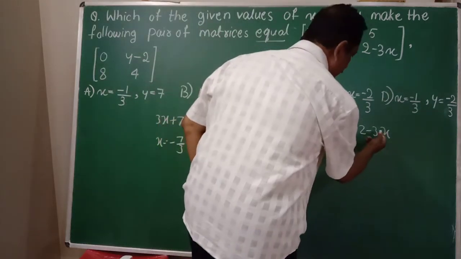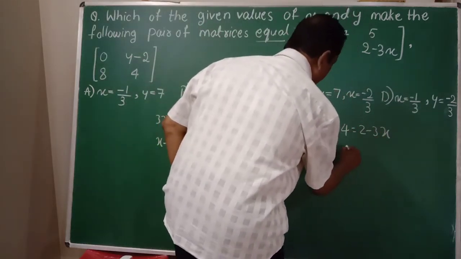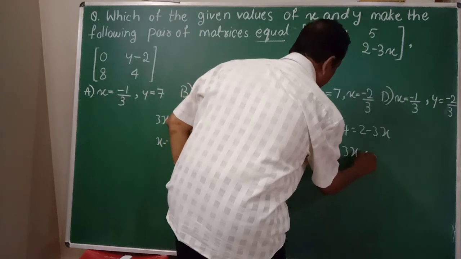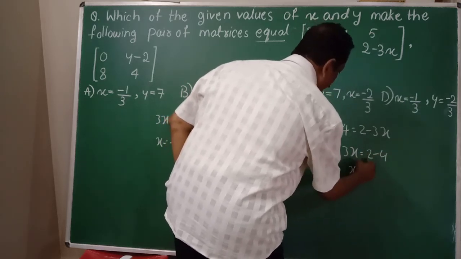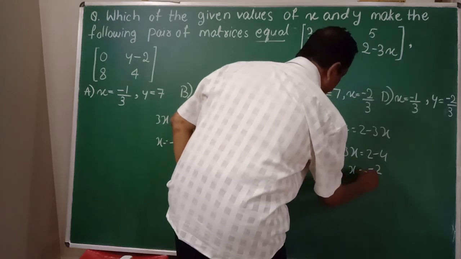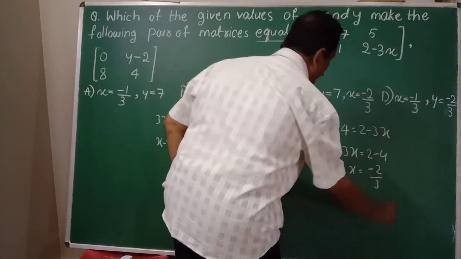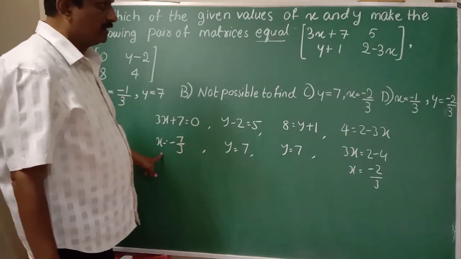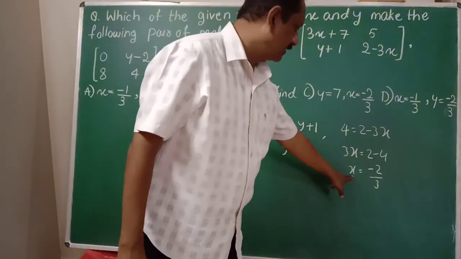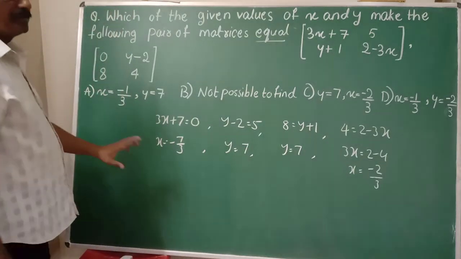And in this case take 3x to this side, 4 to that side. So 3x is equal to 2 minus 4. Then 2 minus 4 is minus 2, and cross multiply, it gives minus 2 upon 3. Here x is minus 7 upon 3, and x is minus 2 upon 3. Both cannot be possible here.